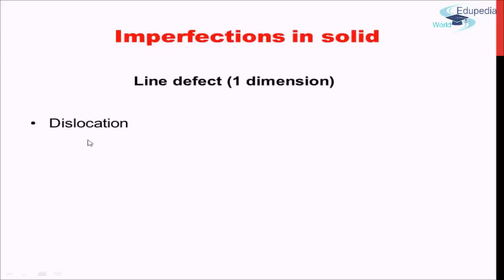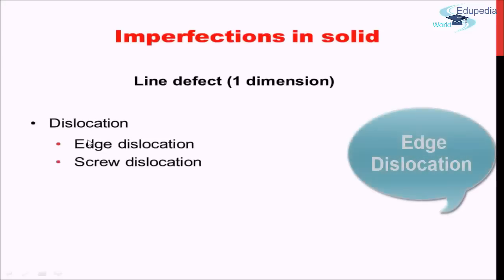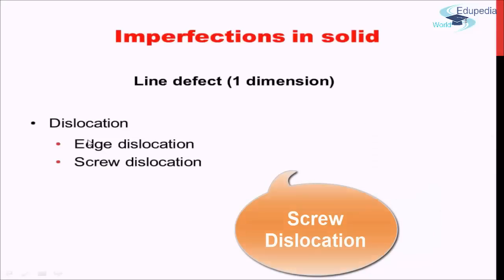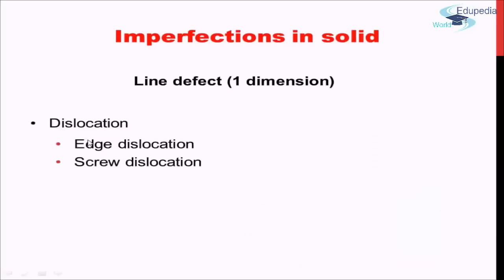The first is known as an edge dislocation and the other is a screw dislocation. We'll see what both of them are individually, but just to point out that in addition to edge and screw dislocation, there is a third kind which is known as the mixed dislocation, which has components of edge dislocation as well as screw dislocation associated with it. So let's dive deeper and understand the concept of dislocation.